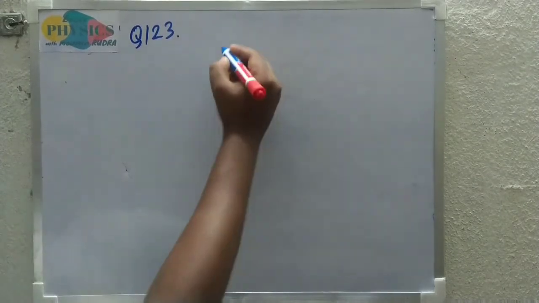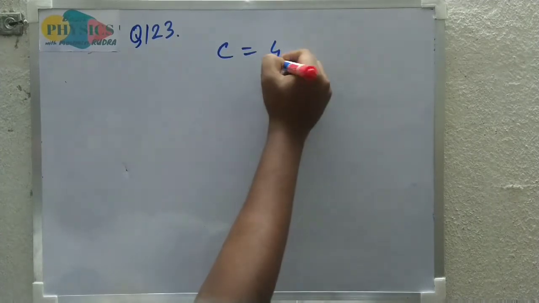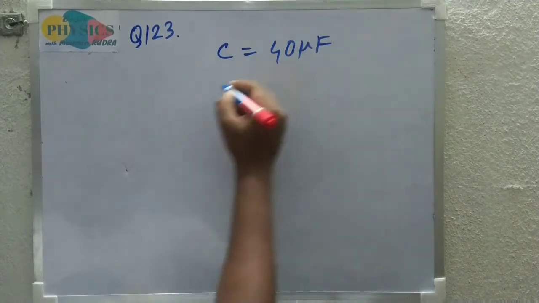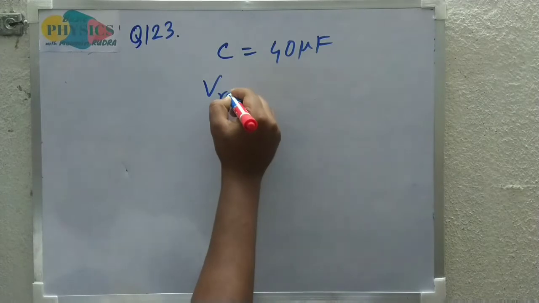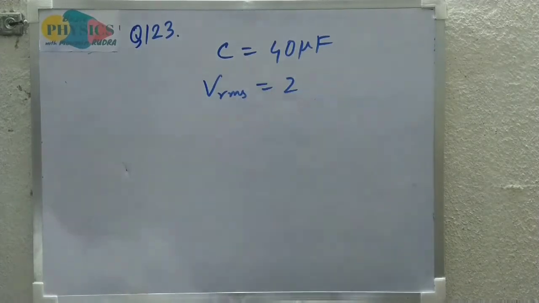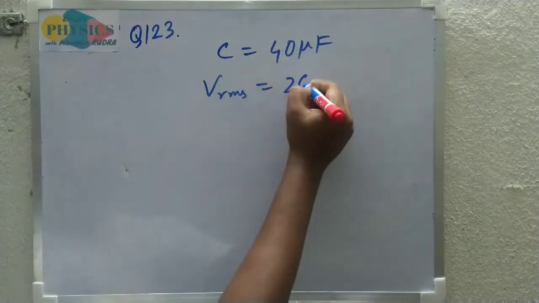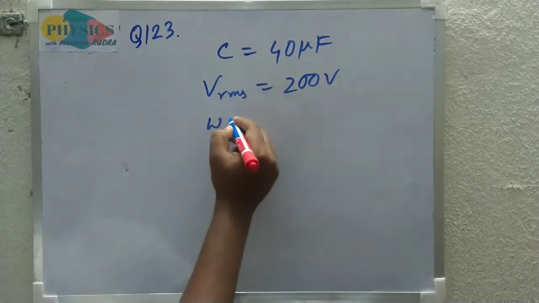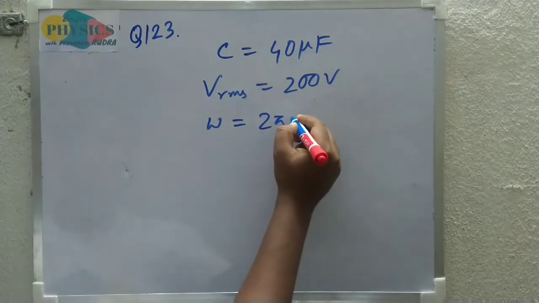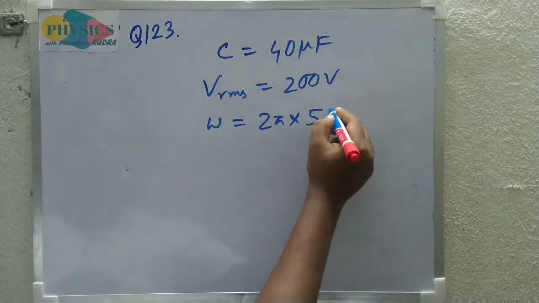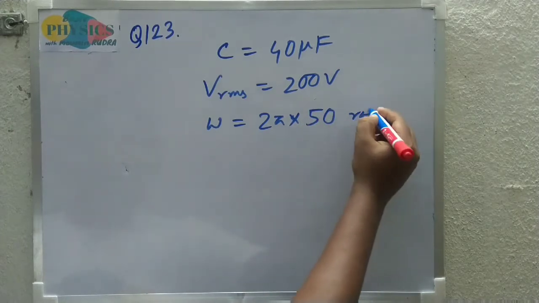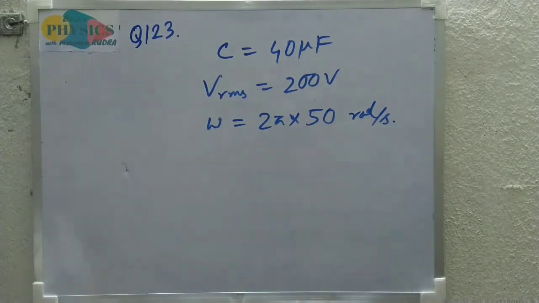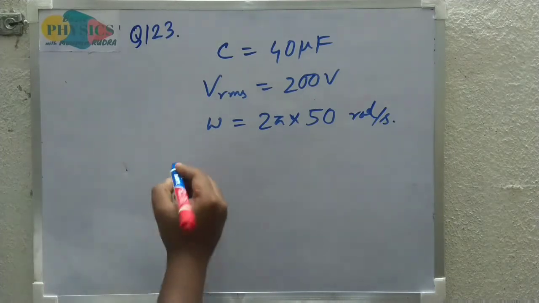So question number 123. Here given a capacitor C equal to 40 microfarad and V RMS equal to 200 volt and omega equal to 2 pi into 50 radian per second, and we are required to find the value of IRMS.